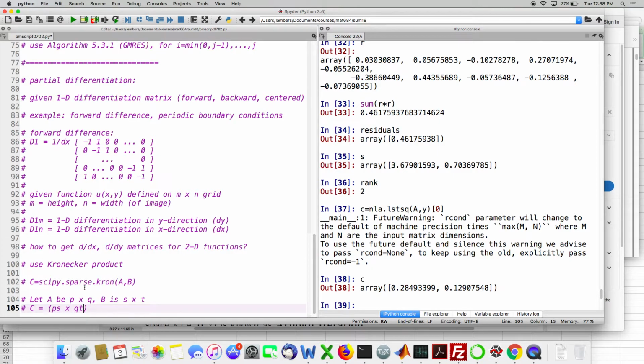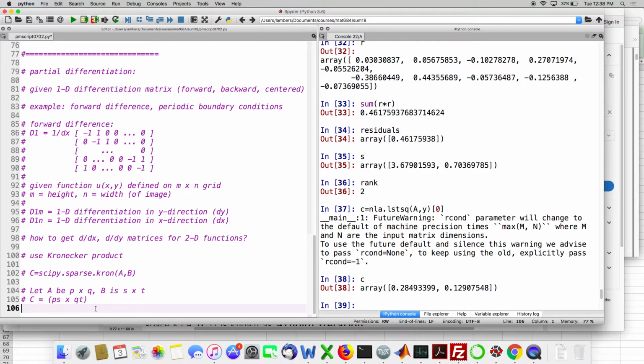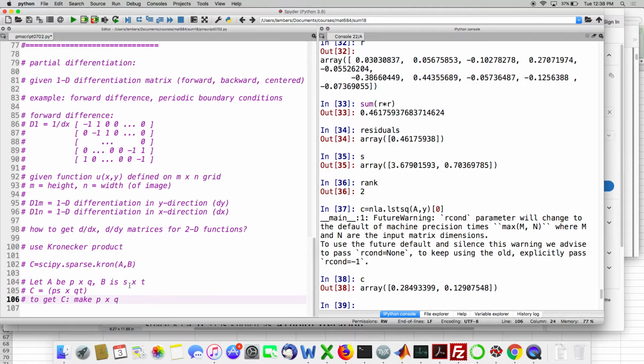So it multiplies the row dimensions, and that's the number of rows in the total, and then it multiplies the number of columns, and that's the total number of columns in the matrix. And what you do to get C is make a P by Q tiling of B. In other words, the matrix B is repeated in a P by Q grid. Each tile is multiplied by the corresponding entry of A.